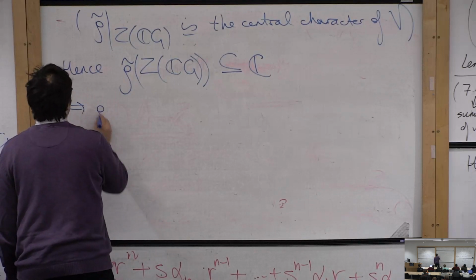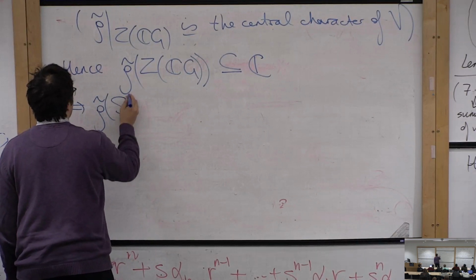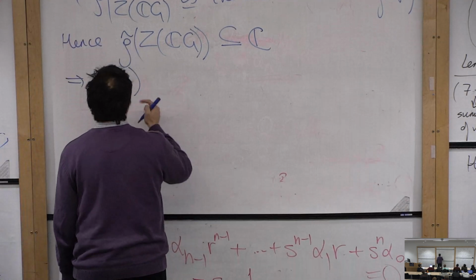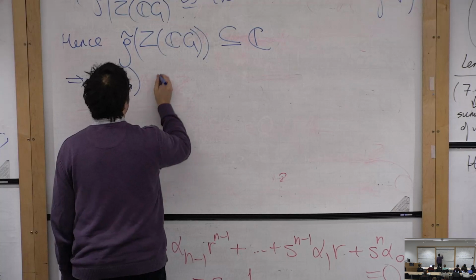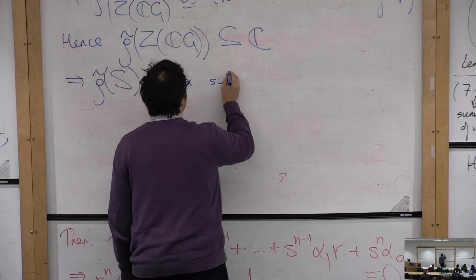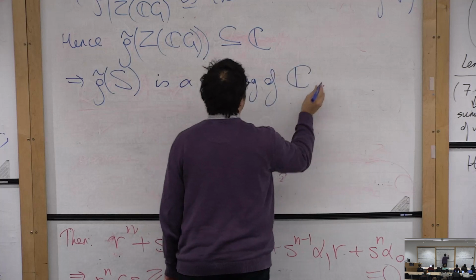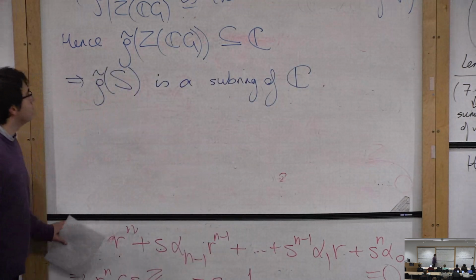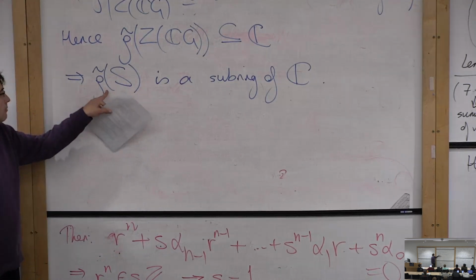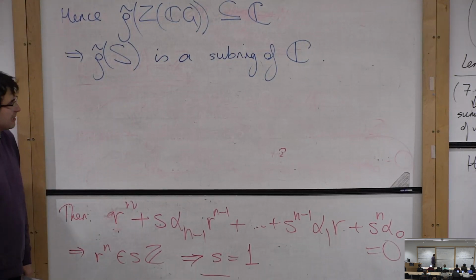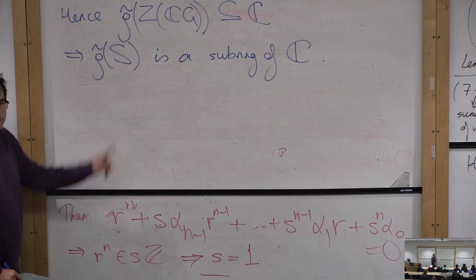And therefore, rho tilde of S is also a subring of C. And the image of a ring homomorphism. But S is a finitely generated group.